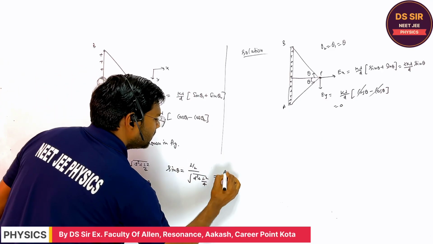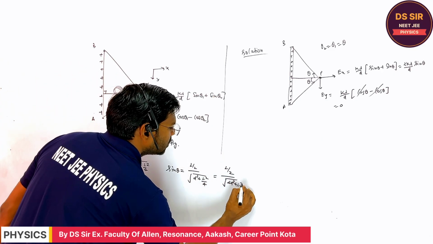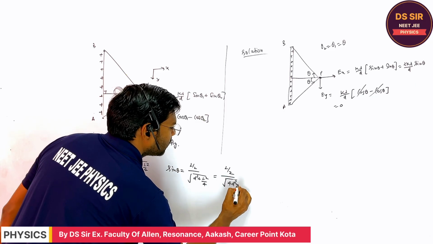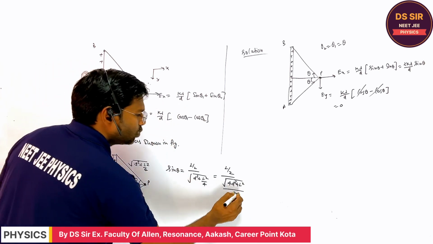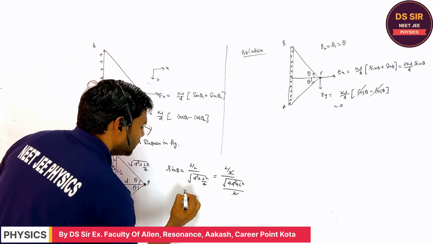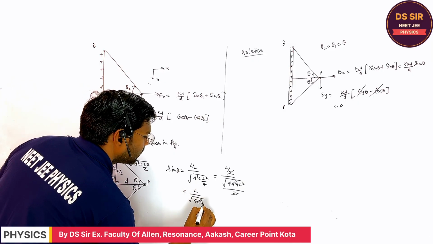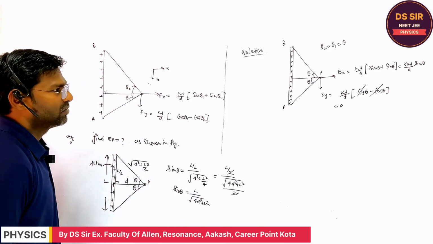If you simplify this, the 4 square root is 2 and this cancels out. So sine theta I can write as L upon root of 4d square plus L square. So this is the value of sine theta, right?